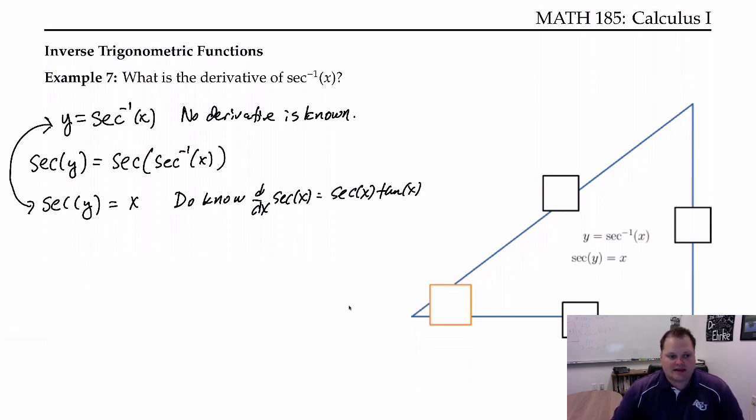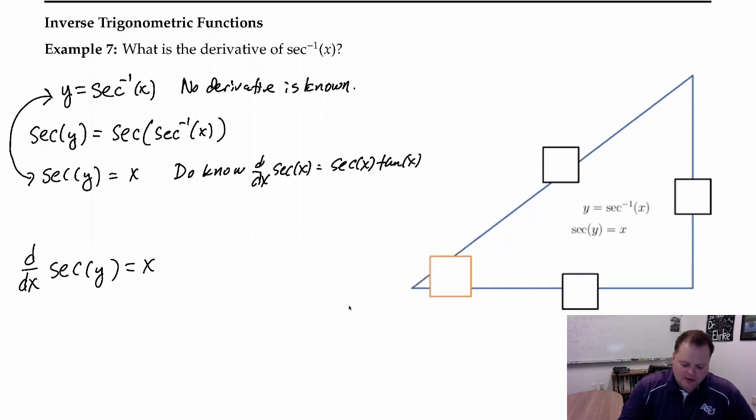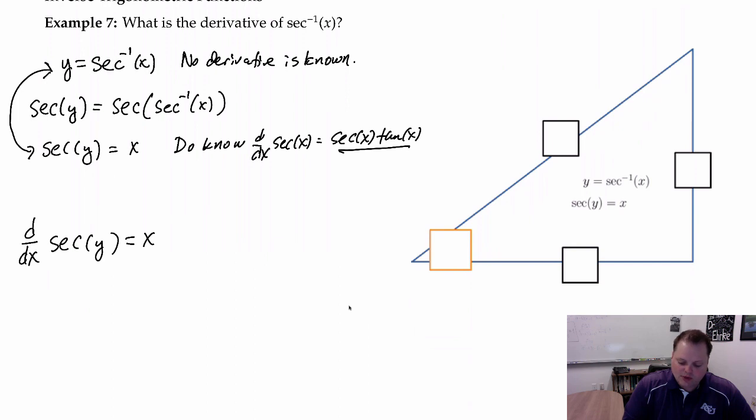So how does that help us? Well, suppose I take the derivative of secant y equals x. Then by this derivative formula, the derivative of secant y is secant y tangent y times the inner derivative.